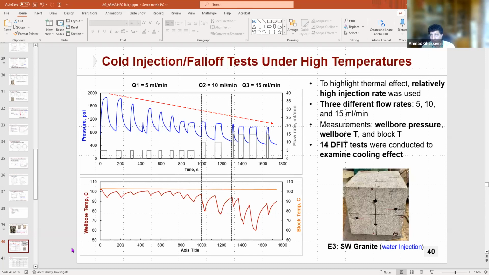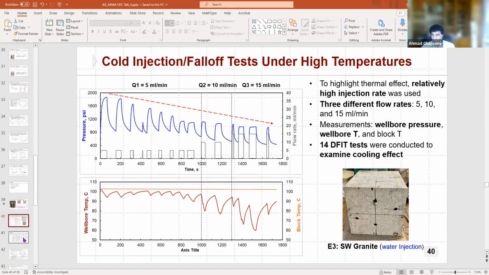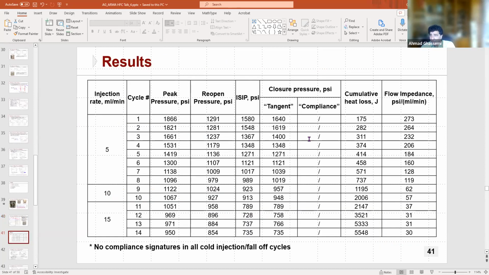What's interesting also is that the wellbore temperature recovers rather fast post shut-in. And because we had multiple cycles, the compliance signature becomes difficult to detect, so we didn't see anything there.